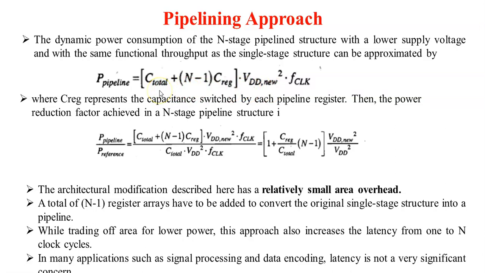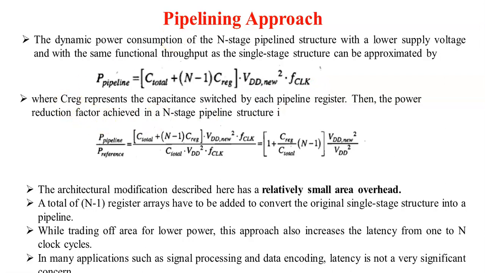Then the total capacitance for input and output and the corresponding logic function, plus the n-1 registers, that is plus n-1 C register, multiplied by the new supply voltage VDD new squared, and the clock F clock is given to all registers.